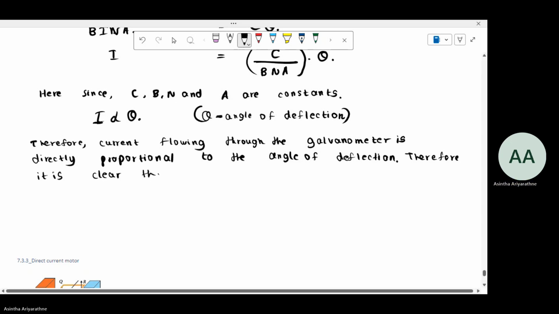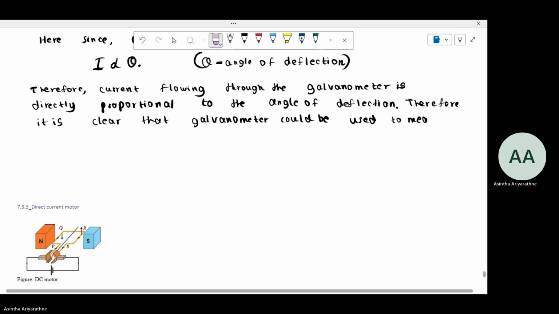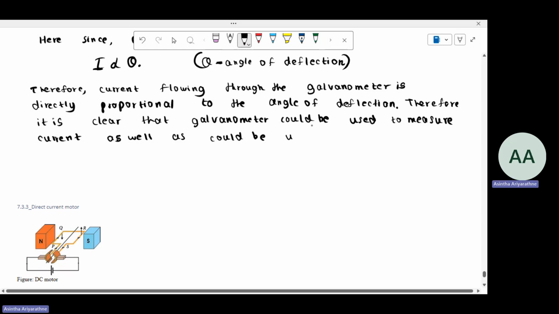It's clear that the galvanometer could be used to measure current as well as be modified to measure voltage.